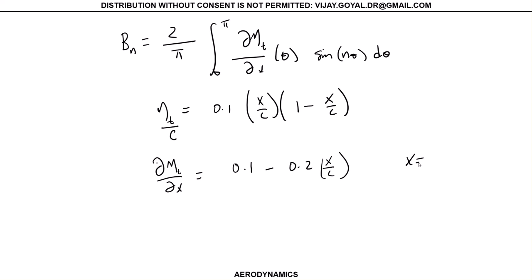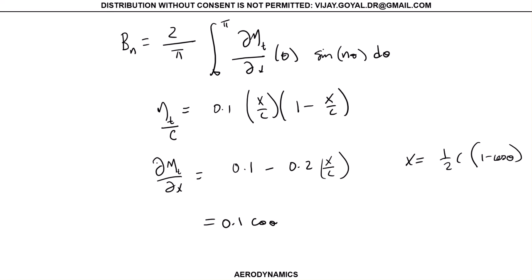Do the same replacement as we did before, c times 1 minus cosine of theta, and this will give you 0.1 cosine of theta. So this is the expression that will go inside there.